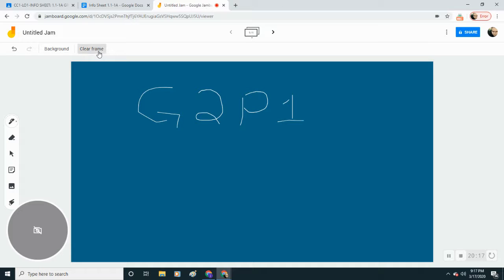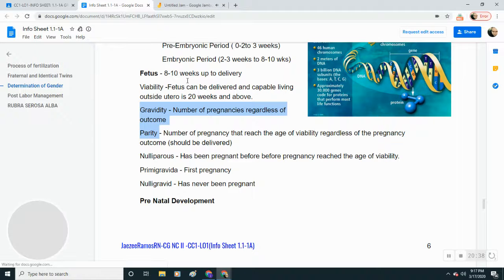Okay? Pero for example, dalawang beses na siyang nabuntis, pero walang nabuhay sa kanyang anak. So ang formula niya ay G2P0. So tandaan niyo yan ha, G2P0. Okay.